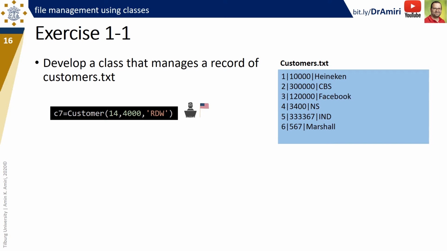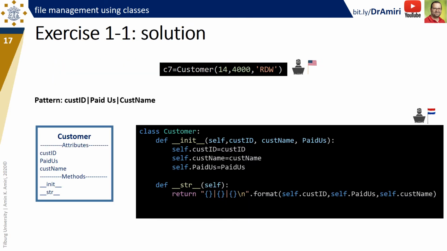Pause here for a minute and try to answer this question. Okay, here is the answer to this question. You need to create a class called Customer. You need to add an initializer that has three attributes: customer ID, customer name, and paid us.